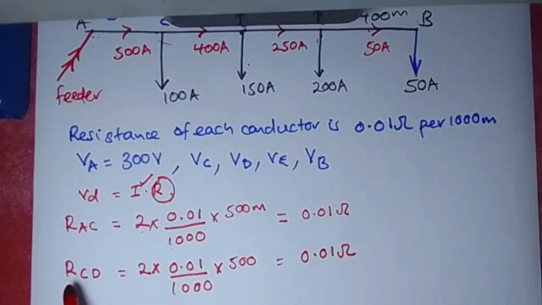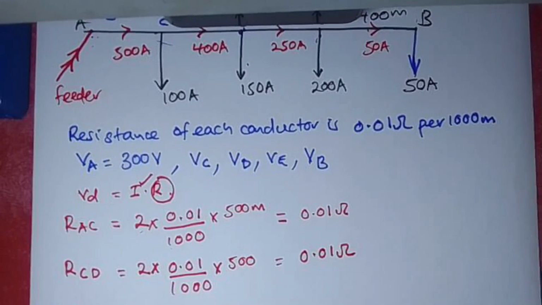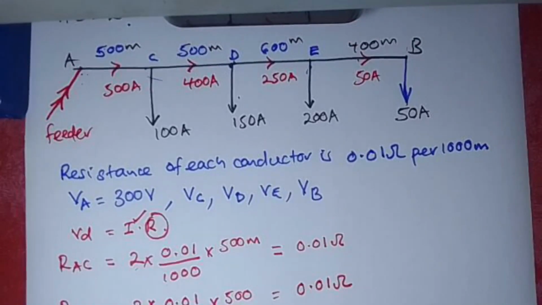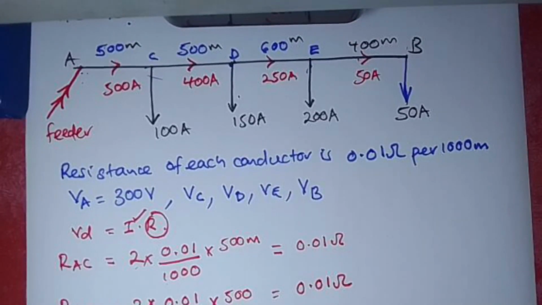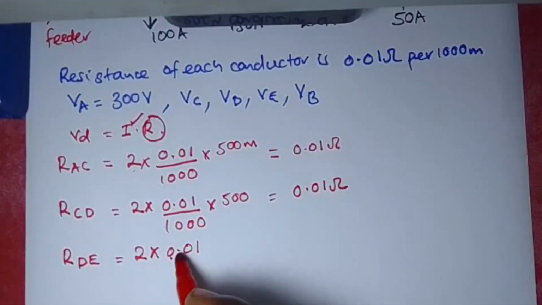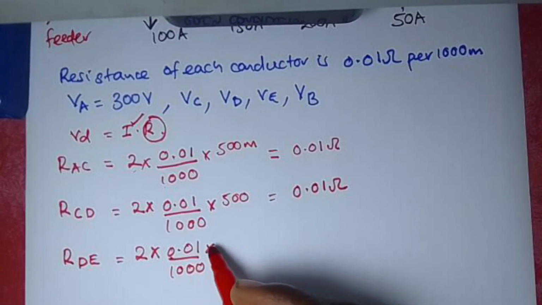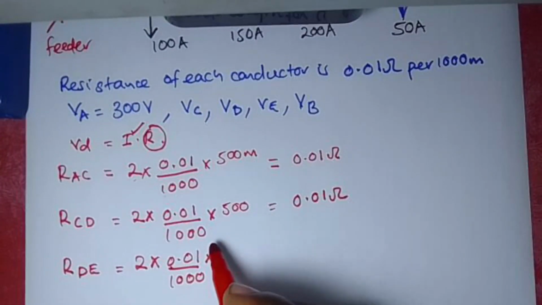Then similarly, we can calculate the resistance across section DE. The resistance across section DE is going to be the 2 for the number of conductors, times the resistance per 1000 meters, then times the distance across that section.